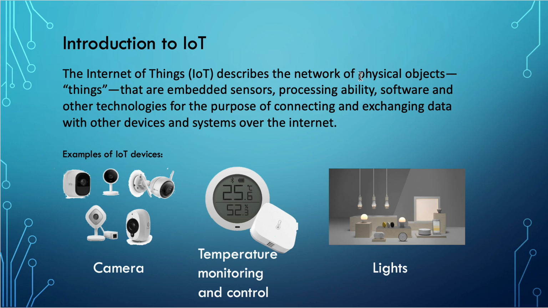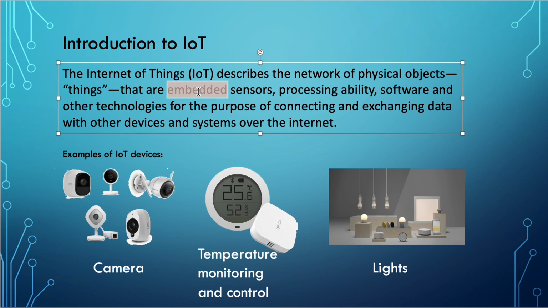So again, just a reminder, we are looking at physical objects, and we are looking at these physical objects now being networked, right? These things are embedded with sensors and processing abilities, and so on, right? One of the main things that should be remembered, along with sensors, the other main thing would be actuators, right?